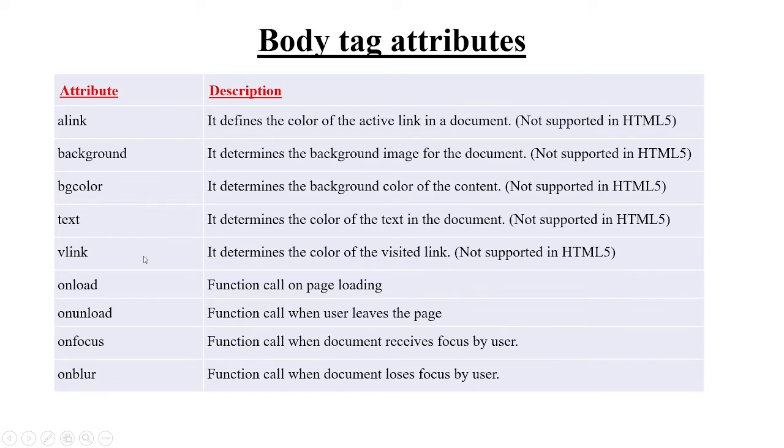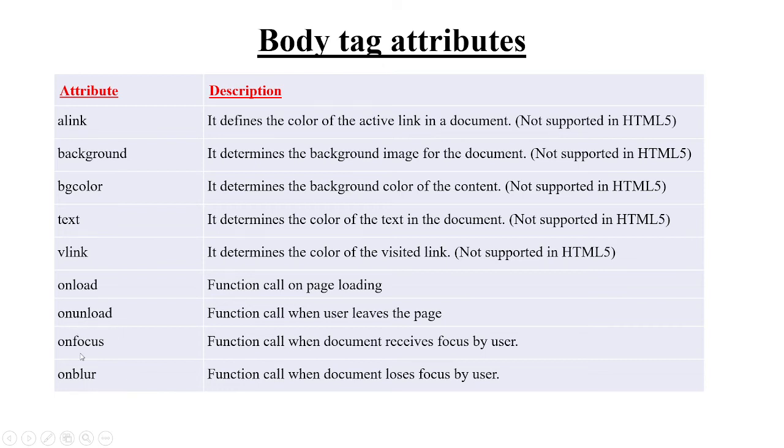Along with these attributes, there are many other attributes of the body tag, that is onload. This attribute is a function call on page loading. On unload is the function call when the user leaves the page. So the function is invoked when the page is loaded with onload, and if you are leaving the page, the on unload function call is invoked.